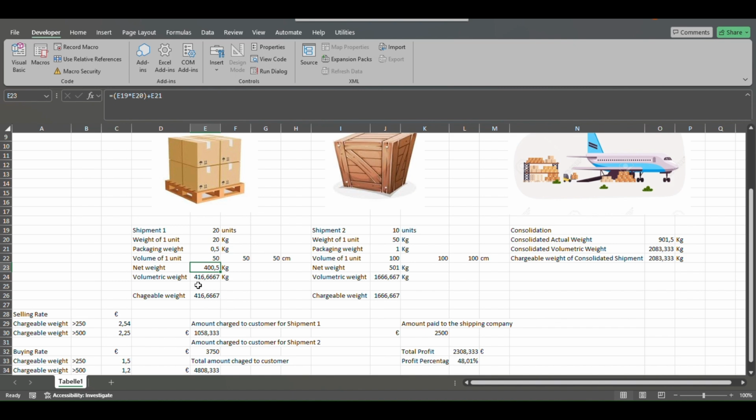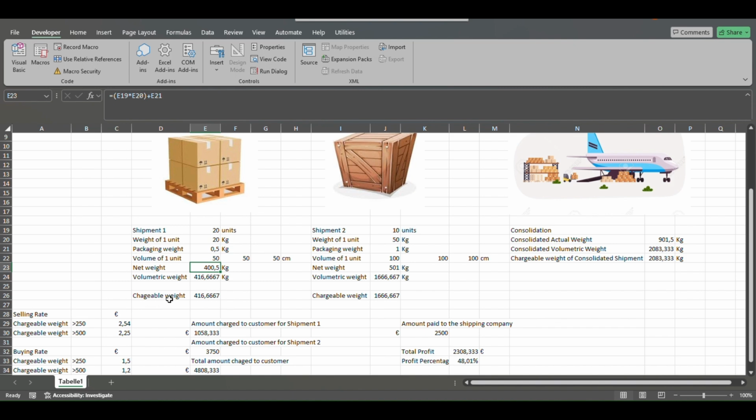So we divide the entire volume of the shipment by 6,000 if it is regular air freight forwarding. But if we are using services such as same day delivery or express delivery, then the logistics company usually divides the total volume of the shipment by 5,000, so that we have higher rates for transporting commodities using the express services.